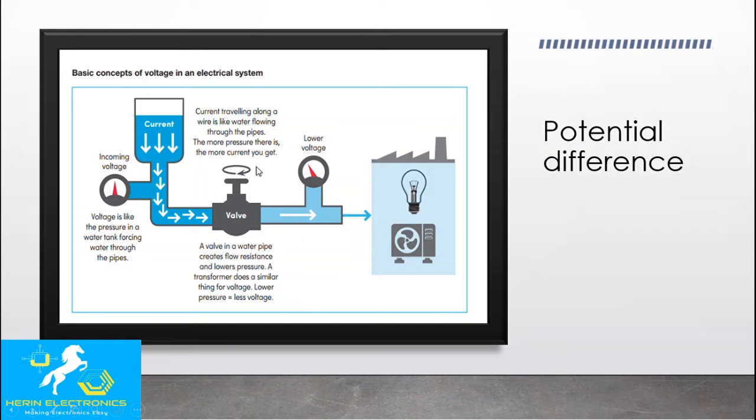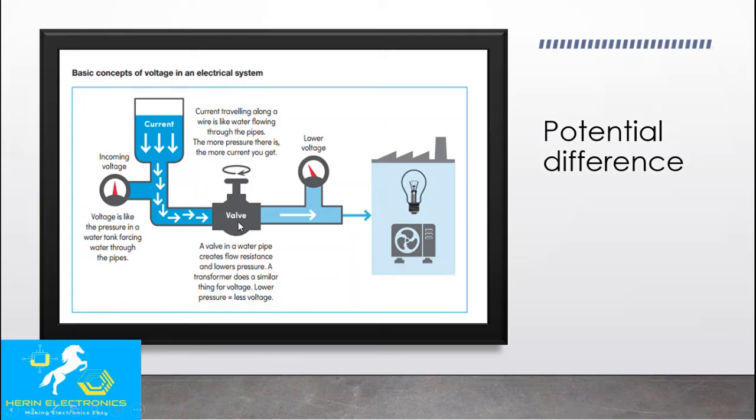Whenever the valve is open, it creates higher pressure in the water system and makes the water flow easily through the pipe. In turn, whenever there is higher voltage, current in the wire moves through it easily. But whenever the tap is closed, it creates some internal resistance and lowers the voltage or pressure. When the pressure is lowered, it becomes very difficult for the water to flow through the pipe.